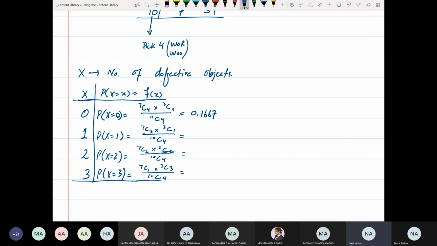That is 0.1667. Then the second one equals 0.5. The third one is 0.3. And the last one is 0.0333. And even without calculating, I should have the sum equal to 1. This column is my probability distribution, the probability mass function.